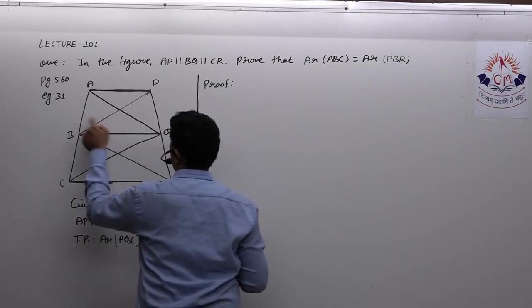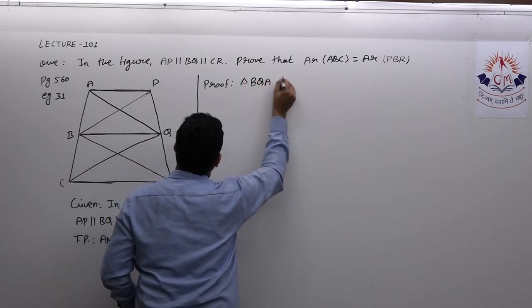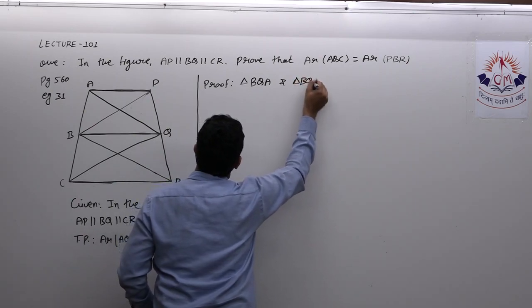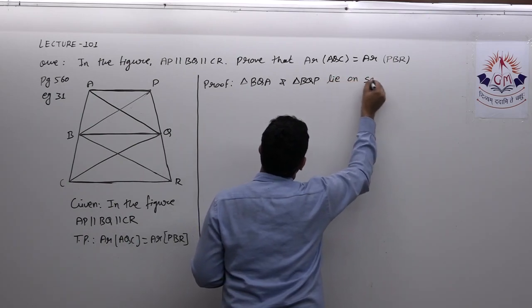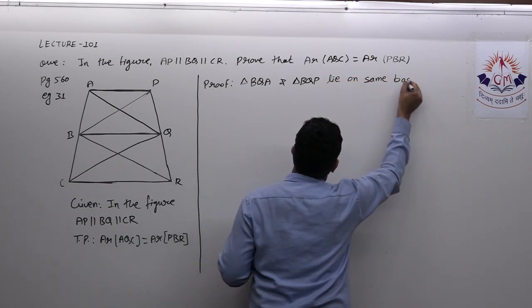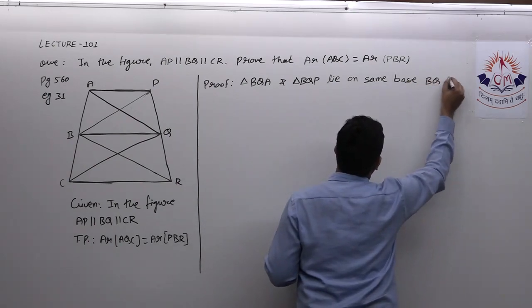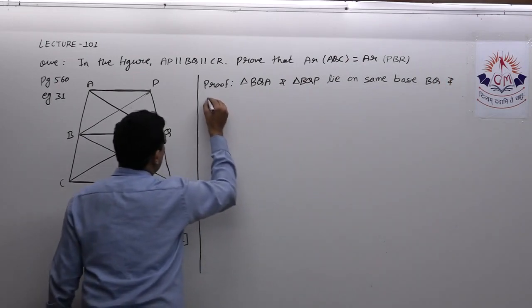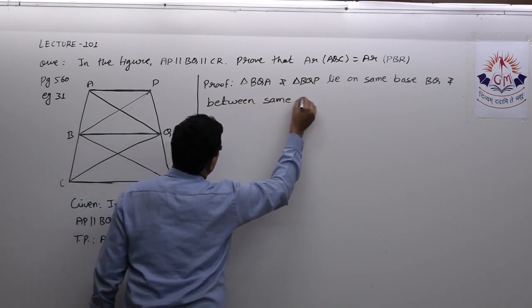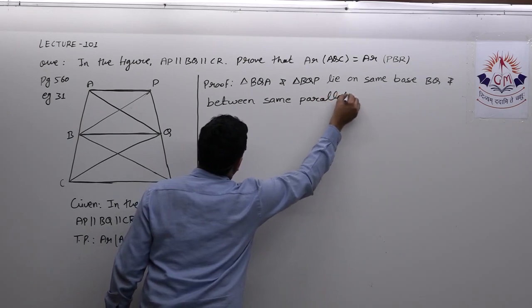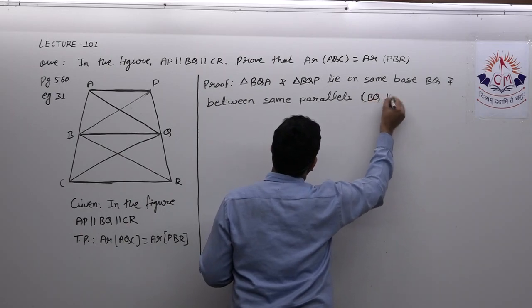Triangle BQA and triangle BQP lie on the same base BQ and between same parallels BQ parallel AP.